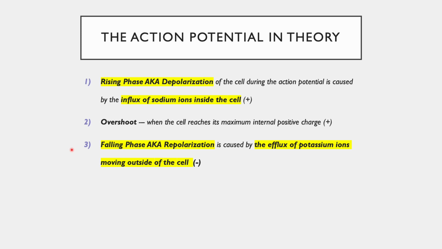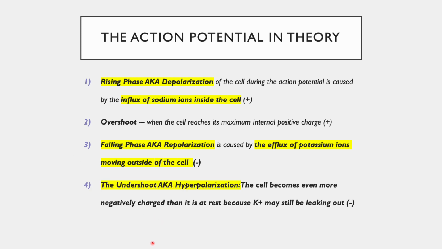Remember, the negative resting membrane potential inside of the cell is largely induced by the efflux of potassium ions, or in addition, usually simultaneously, the organic anions that remain inside of the cell's cytosol. So both the efflux of potassium and the organic anions inside of the cell are going to help it repolarize or become more negative.